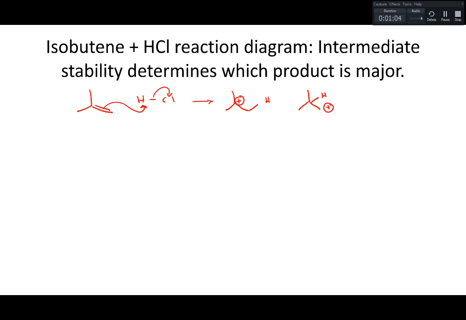The next step would be to add the Cl-. Remember, Cl- is made in the formation of either of these products, and I didn't draw all the electrons on the chlorine, but it would do that. And when I do that, what I would end up with is this.